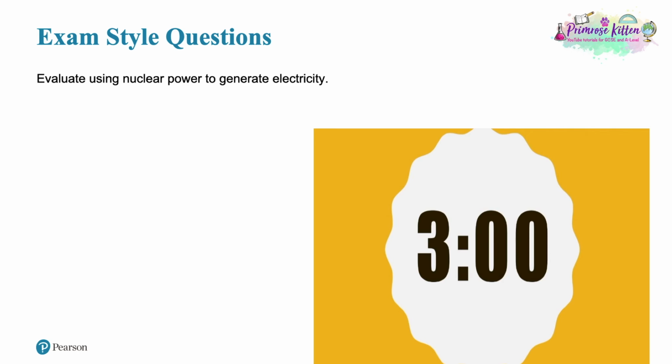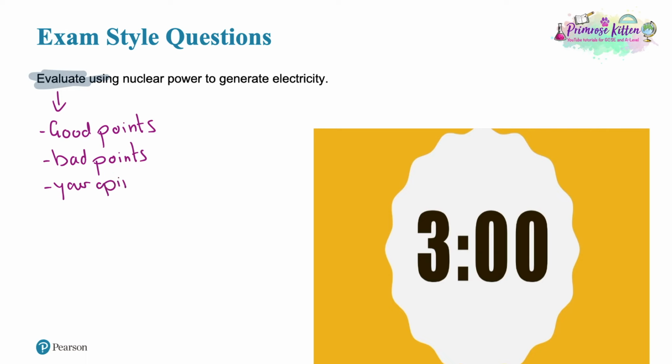So for this question, we are going to evaluate using nuclear power to generate electricity. Which means you need to give good points, you need to give bad points, and you need to give an opinion which is justified. So give the reason for your opinion.